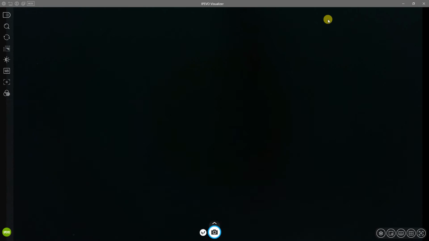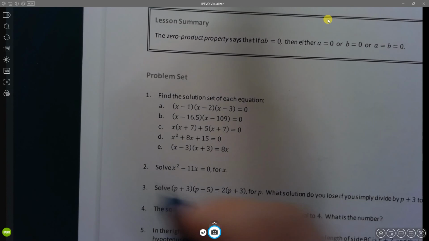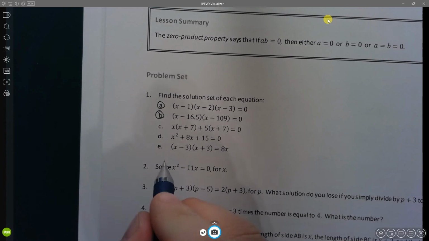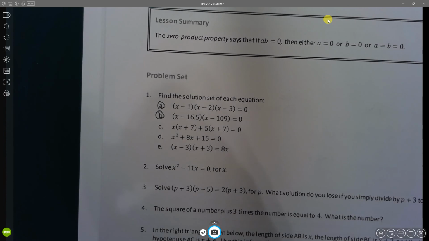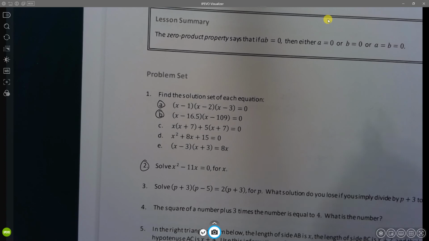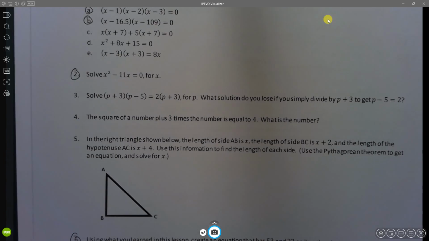What I want you to work on in class is to find the solutions for A, B, 2, and 6, okay? Not tonight for homework. This is your classwork. You're not going to have any homework from me. Try to get through this in class. Finish watching the video.